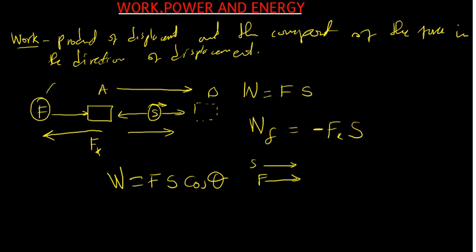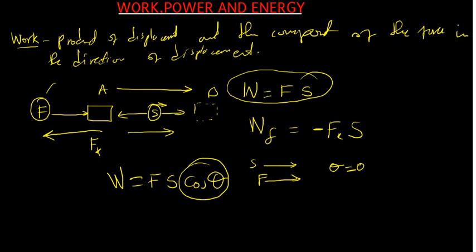So they are going in the same direction. Whenever things are going in the same direction, the angle theta is 0, and so this will be cos 0, and cos 0 is 1. So this portion is going to give us a 1. And 1 times Fs, that's why we find that the formula is just work is equal to Fs.